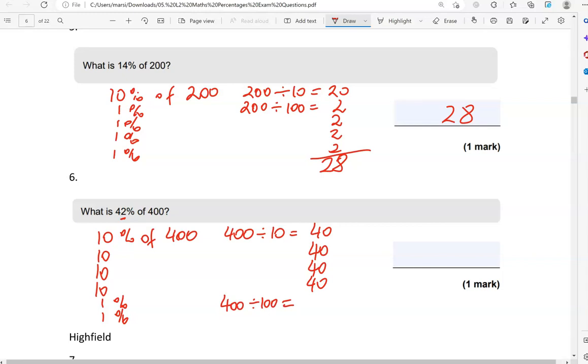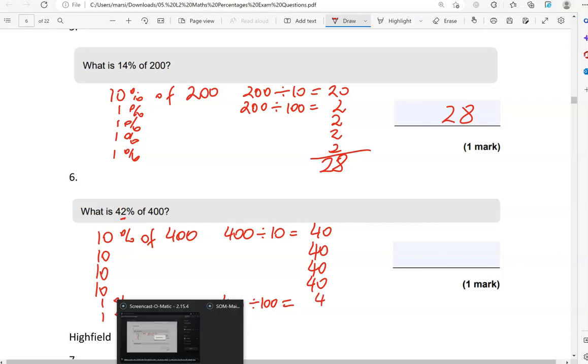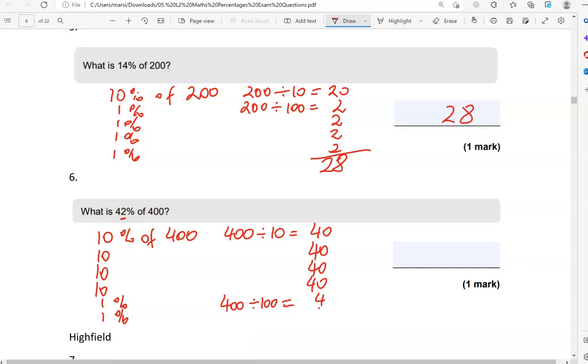That's knocking off 2 zeros, so that gives us 4. We need another 1%, which is another 4. So adding all of these together gives us 8 there, 4 and 4 is 8, and 4 is 12, and 4 is 16. So 168.